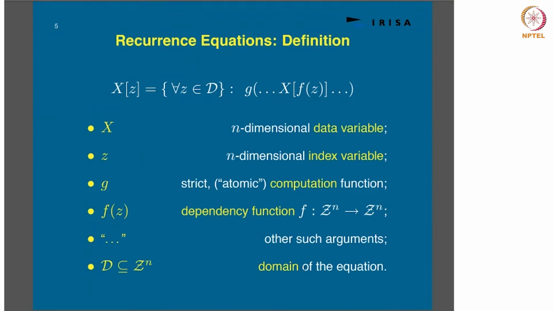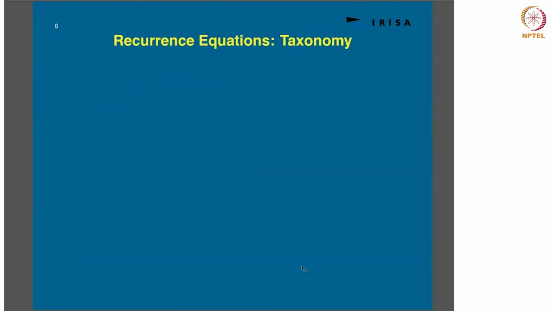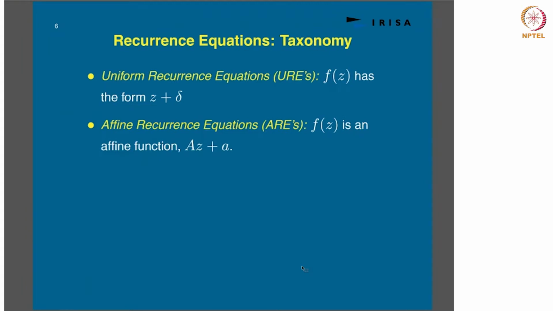All right. Now I'm going to extend this slightly, and I say that uniform equations are the ones where f(z) is some translation, and affine recurrence equations, which is basically the whole class of polyhedral programs, are those where the dependence itself, the function f, is some linear function of z plus a constant, okay?